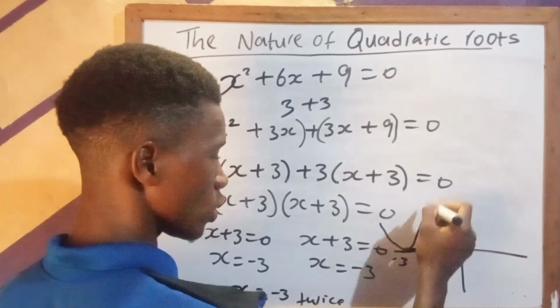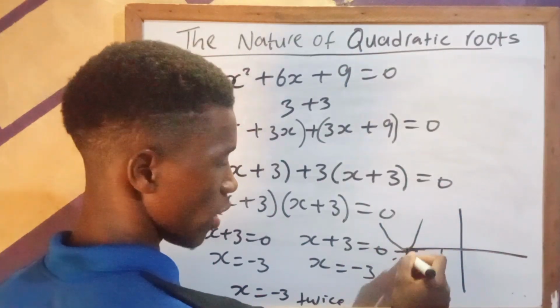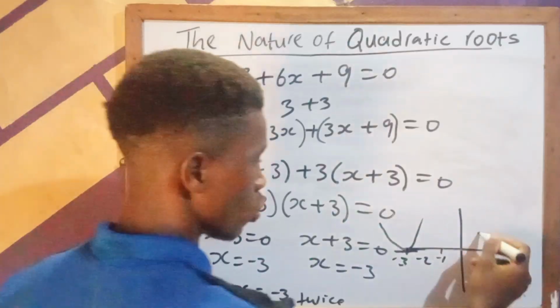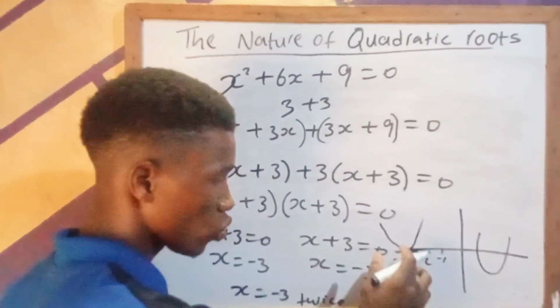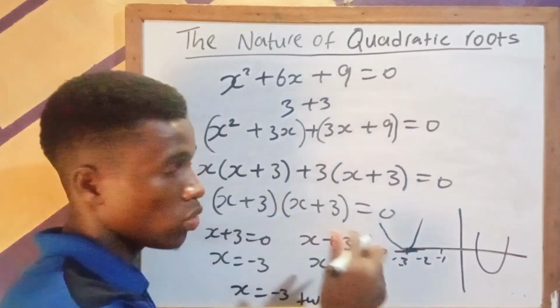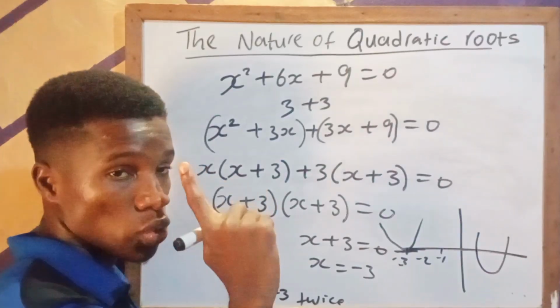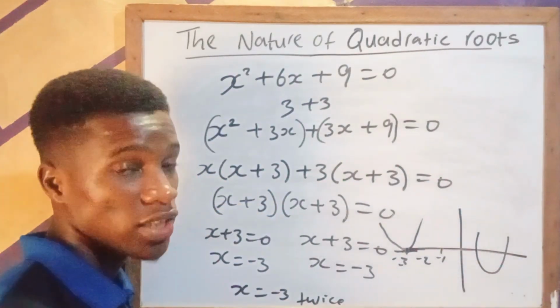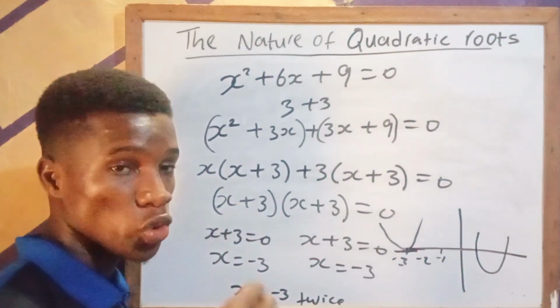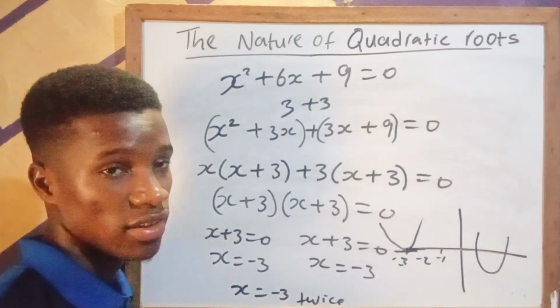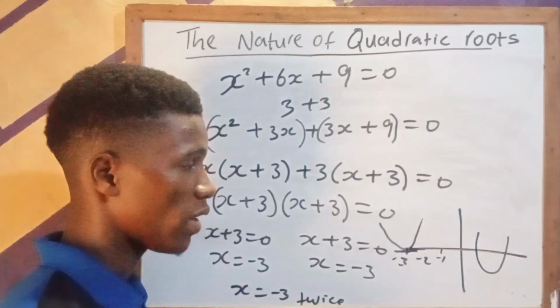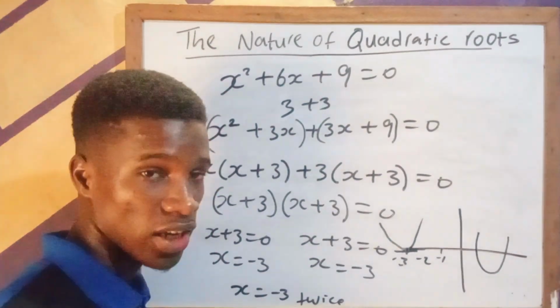The graph will just touch the x-axis at the minus 3 point. It's not going to cut at 2 points like this. No, it's going to touch it because the discriminant is 0. It has only one solution, twice. Remember, it must have two solutions, but in this case the two solutions are identical. Exactly. So let's see more problems and solve them and verify the other remaining cases.